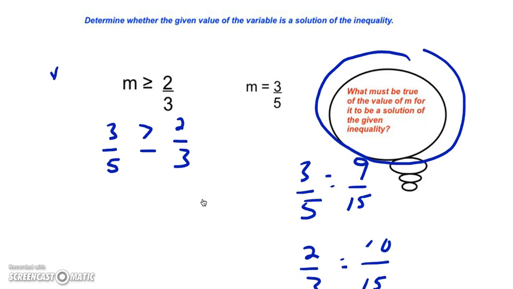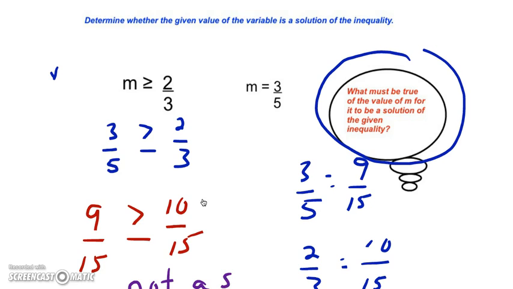Now let's look at this inequality with our common denominators. m was equal to 3/5, which is equivalent to 9/15. Is that greater than or equal to 10/15? 9/15 is not greater than or equal to 10/15, so this value is not a solution.